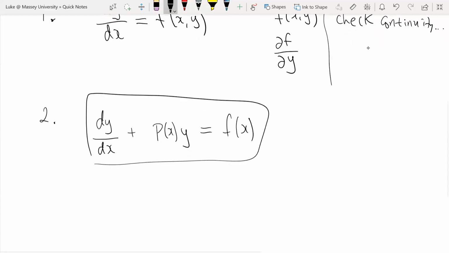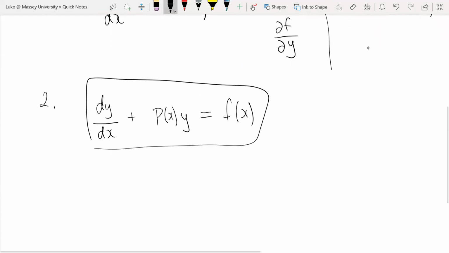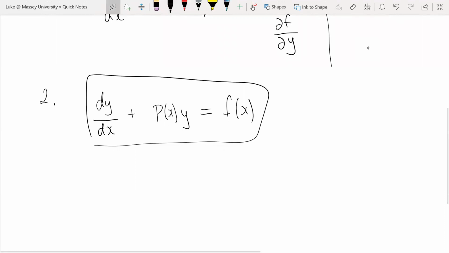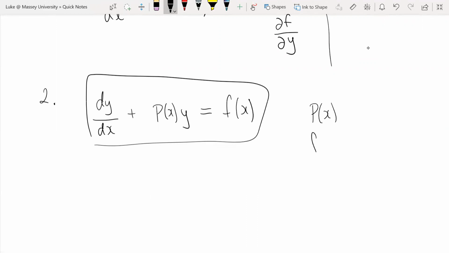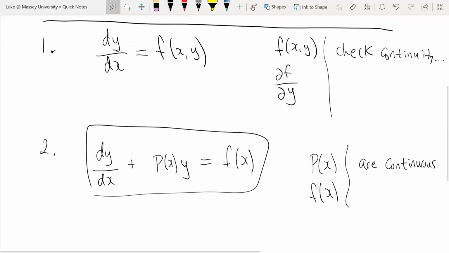For existence and uniqueness of a first order linear ODE, what we have to do is check where p of x and f of x are continuous. It's probably a little bit easier, this first order linear type, because we don't have to calculate any partial derivatives.